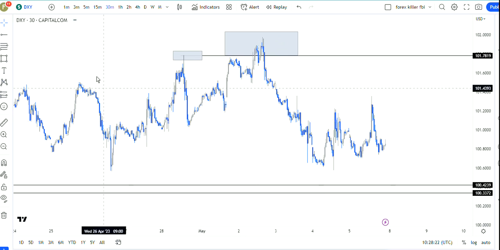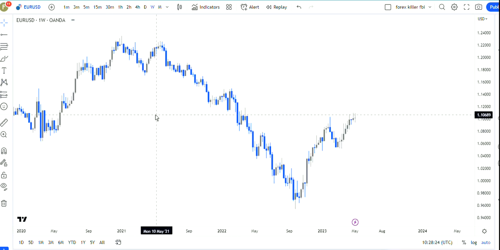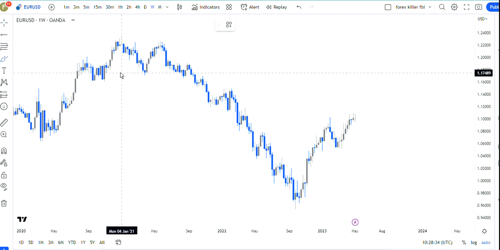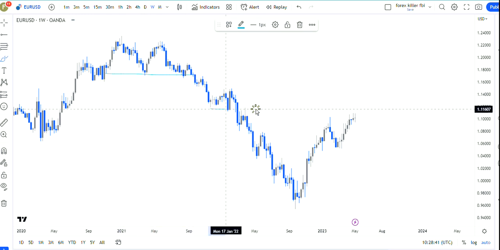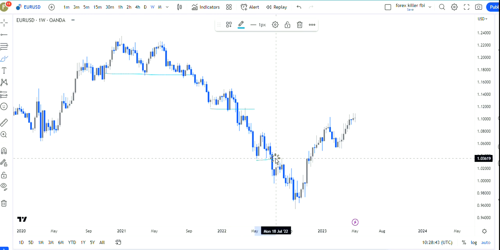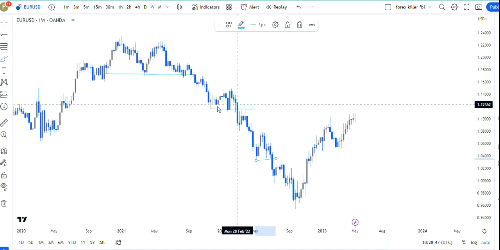Then let us look at what will be going on with Euro USD, Euro dollar. As we see here, we have a change of character here. We have a shift, change of character. Then we have BMS here, and we have BMS here. Inside this BMS, we have liquidity around this area here.